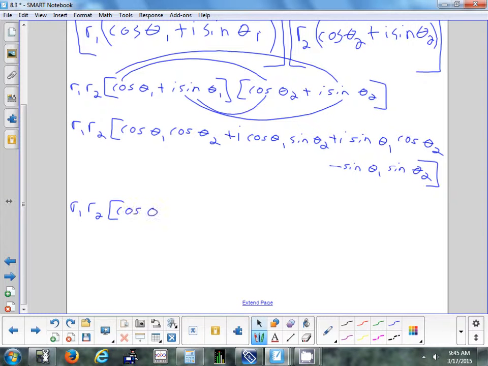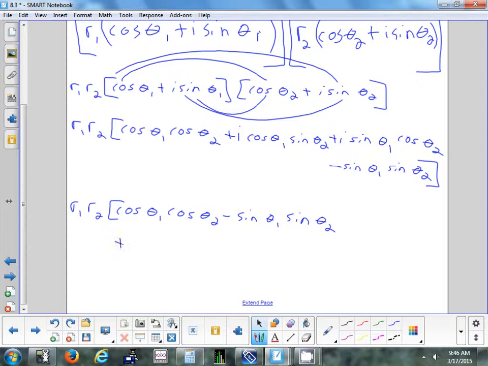So we have cosine, cosine, minus sine, sine. Before I keep going, anybody kind of recognize that a little bit? You don't have to know exactly what it is, but cosine, cosine, minus sine, sine. A little bit. This was on your last test. Okay. And let's do the next part. Since they both have i's, let's factor that out.